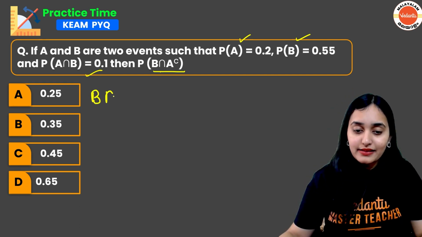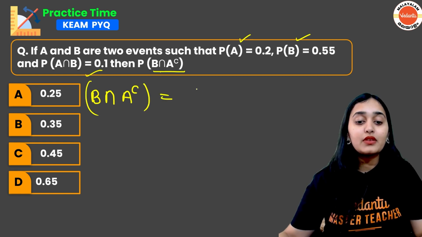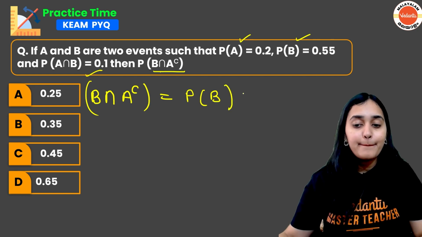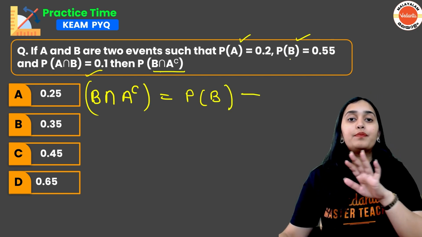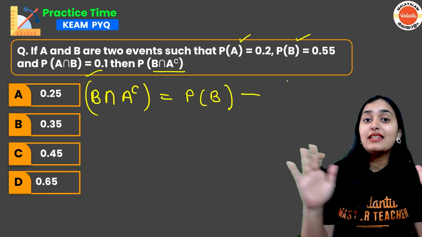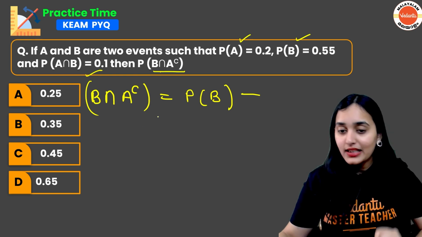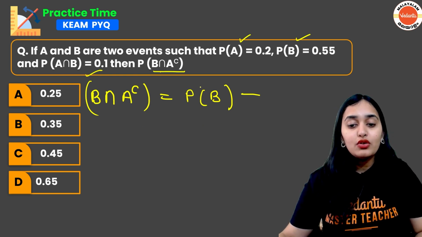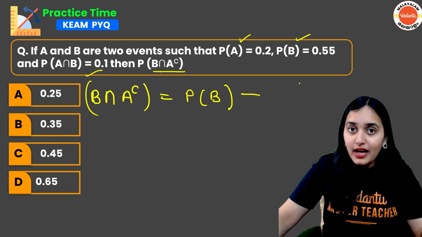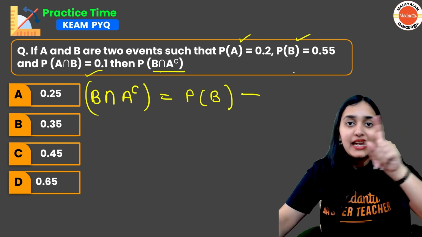B intersection A complement means probability of getting a B, with no chance of getting A. There should not be any chance of getting an A. So how can we calculate this probability? So you know the probability of B. Now B should come but A should not come.